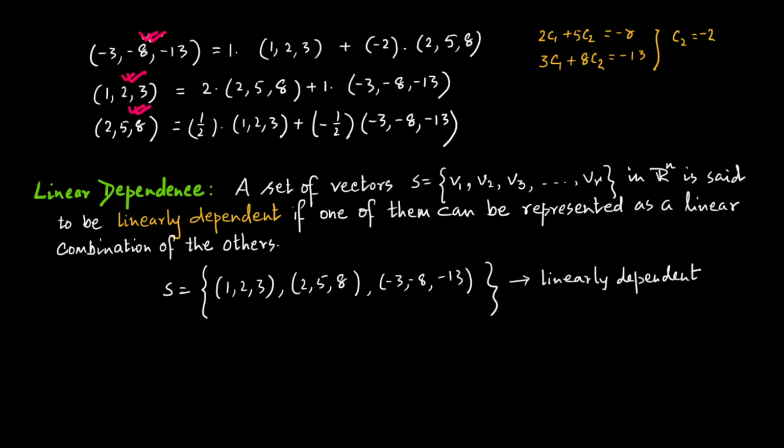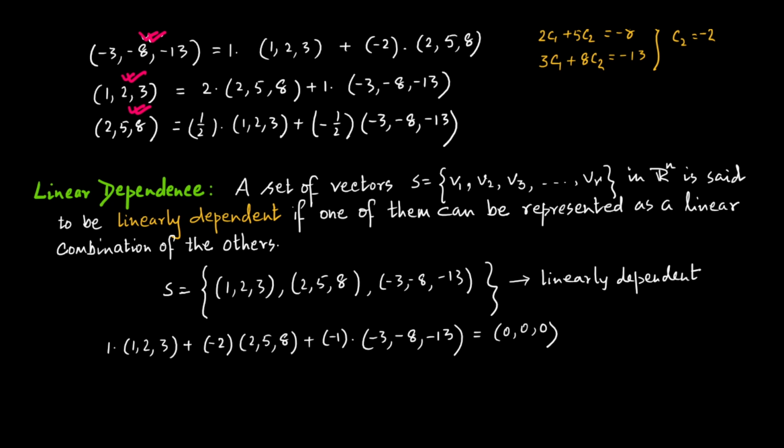Moreover, if you note carefully, then 1 into (1, 2, 3) plus -2 into (2, 5, 8) plus -1 into (-3, -8, -13) will be equal to the 0 vector.